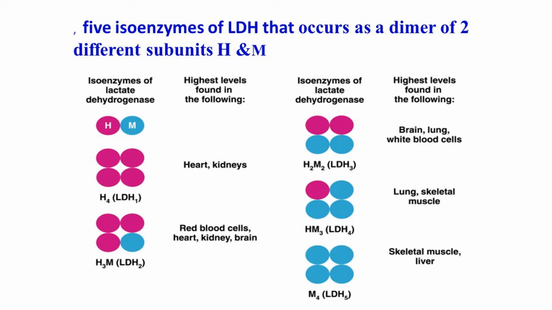So these are different combinations of subunits of the lactate dehydrogenase isoenzymes, and you can see that these enzymes are present in 5 different combinations and in different tissues. Their distribution is different in different tissues, and they have different catalytic properties, and they are present in different proportions in various tissues.